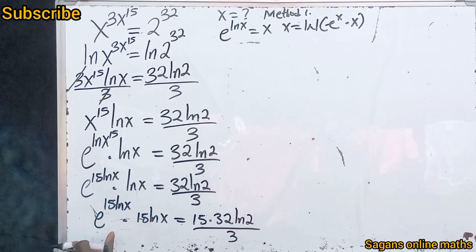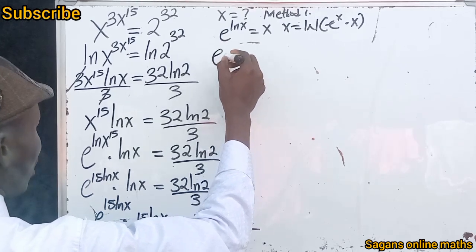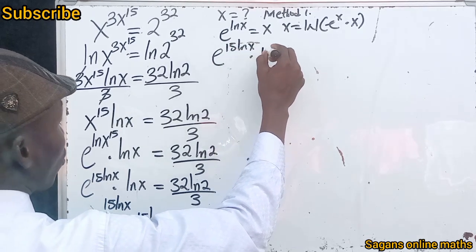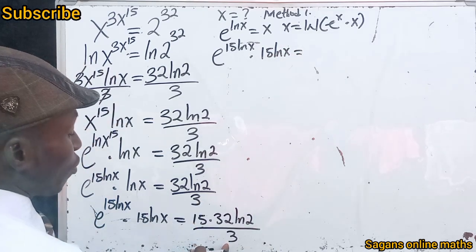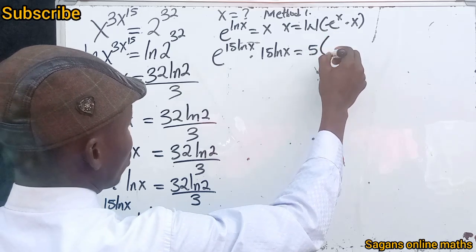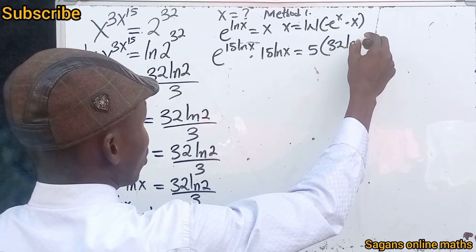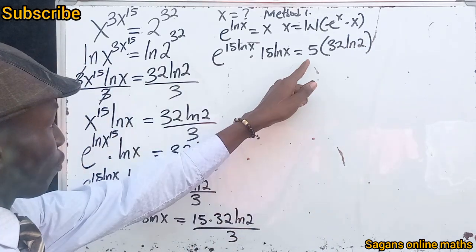Then from here, e raised to the power of 15 ln x multiplied by 15 ln x is equal to 15 divided by 3, which gives us 5, right? So now this is 5 times 32 ln 2. Wow, that's interesting, because 15 divided by 3 gives us 5.